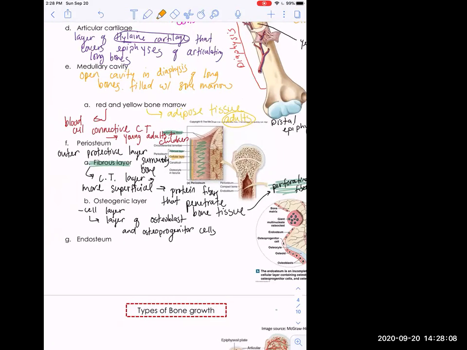The endosteum is a thin layer lining the medullary cavity and the diaphysis, and lining the trabeculae of the spongy bone and the epiphyses.